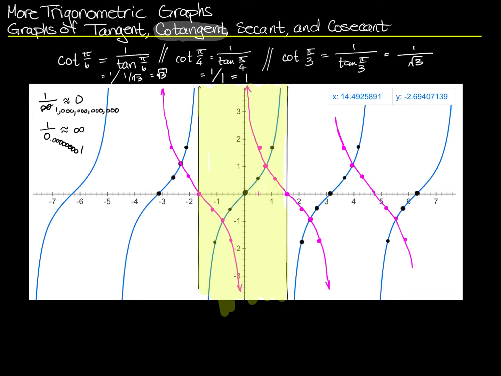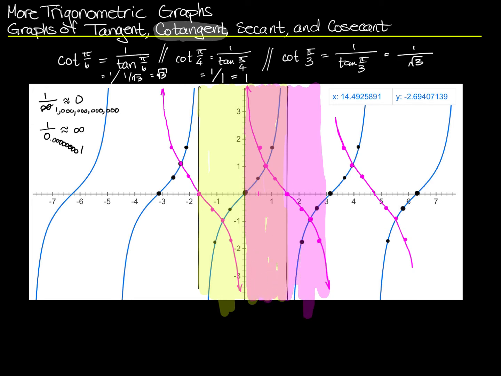So for my cotangent graph, I have to find another single whole stretch of a graph that takes up one cycle, and I'm going to call that 0 to pi. See if I can do this without my asymptote in place. That's not too bad. So the yellow highlighted region is the region that we think of as the primary region for tangent.